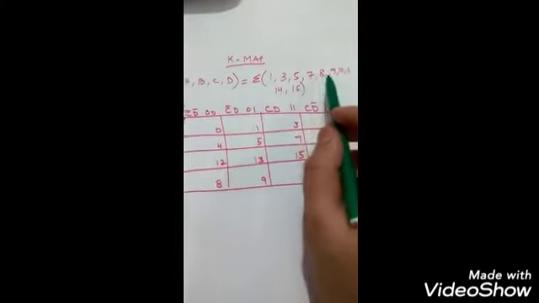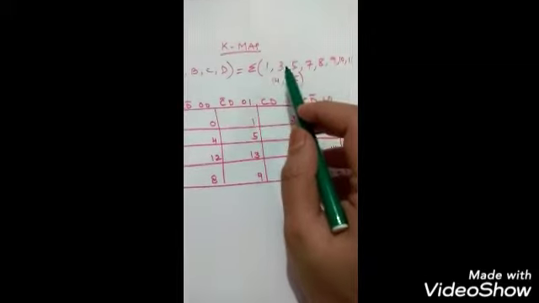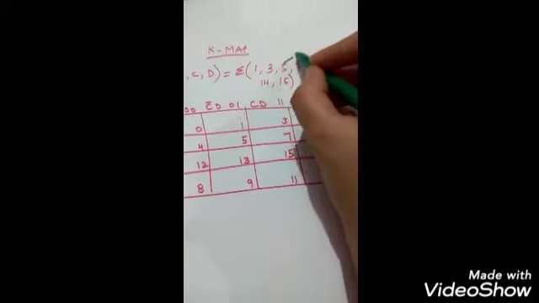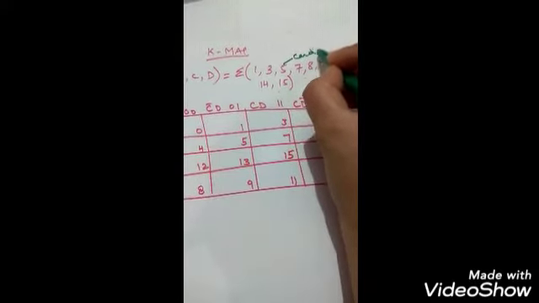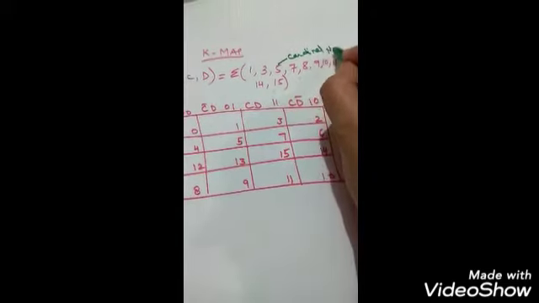Now this is the Boolean function given over here: 1 3 5. We will put ones in the cells which have the numbers given. These numbers are called cardinal numbers.